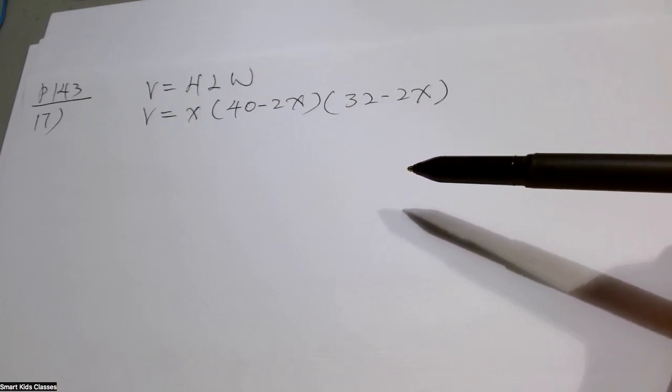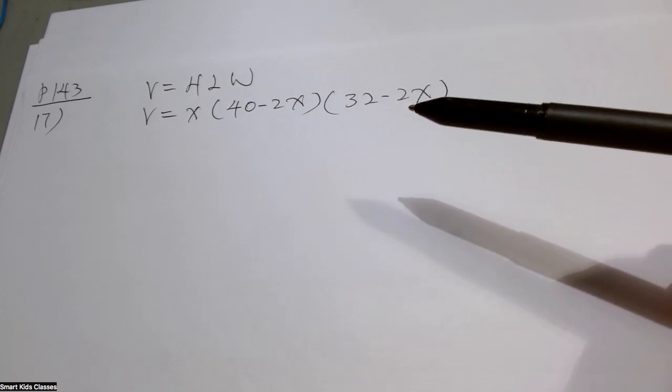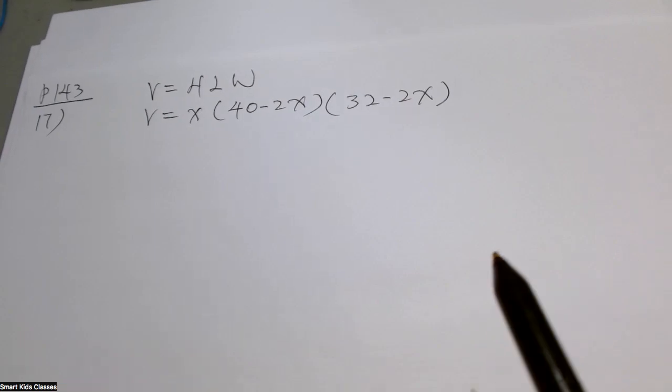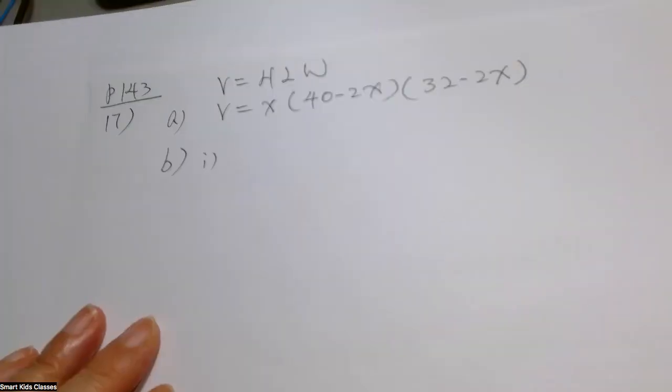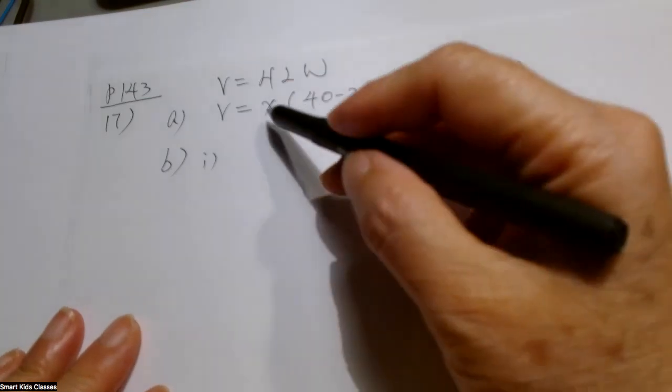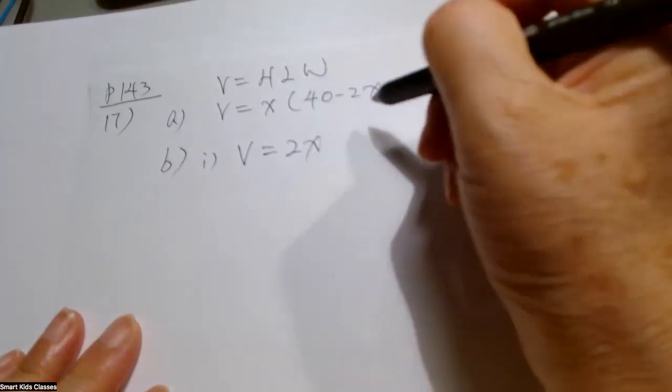That's for A. Now for B, you're going to write the equation to represent the volume twice and half. So we're going to write it. Let's write twice: V equal 2x.